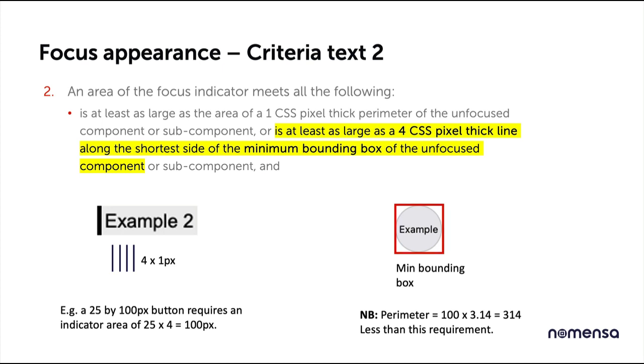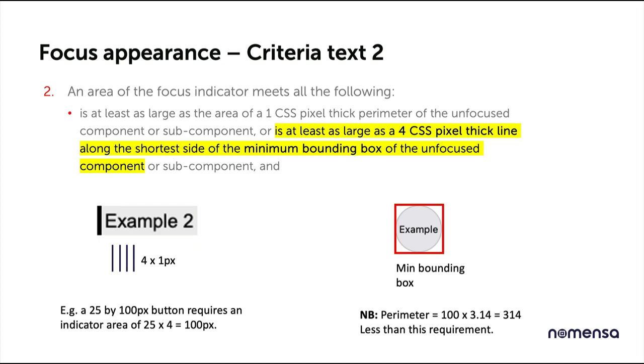Now, it isn't a suitable replacement just for that one CSS pixel perimeter example, because when you have things like squares and circles, the minimum bounding box can actually create a larger size that you would have to meet.